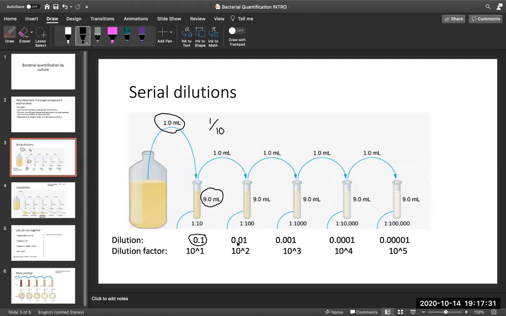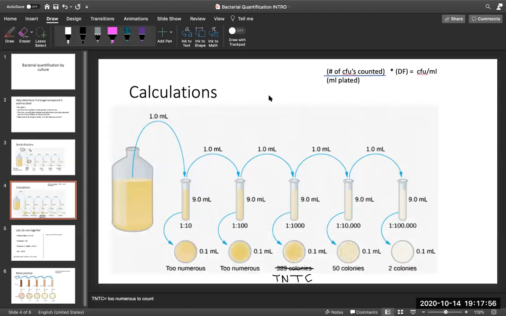So 0.1, 0.01, 0.001, and so on. And then the dilution factor that you use when you calculate your concentrations at the end will again be the reciprocal. So instead of 10 to the negative 2, it'd be 10 to the 2. And so then we are ready for the next slide.